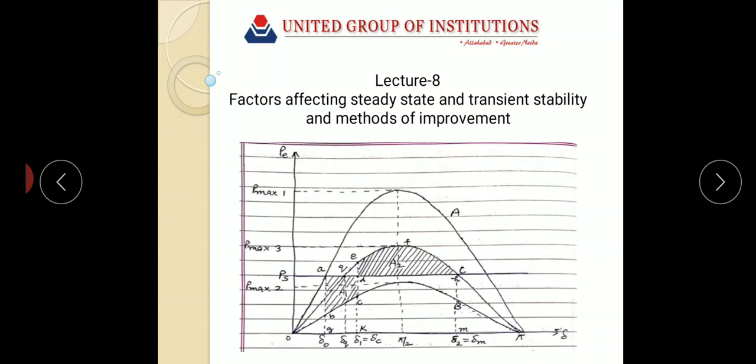Okay, so the figure shows that when the maximum power limit of the various power angle curves is raised, the accelerating area decreases and the decelerating area increases for a given clearing angle. Consequently, delta naught is decreased and delta m is increased. This delta naught and this delta m.